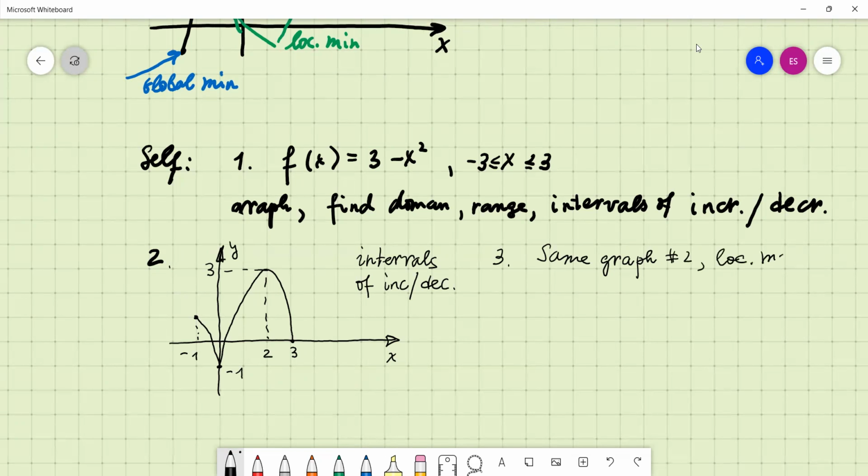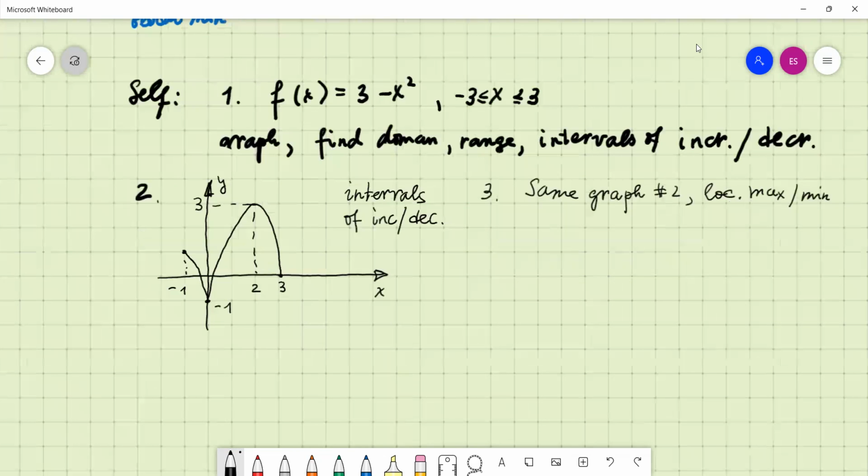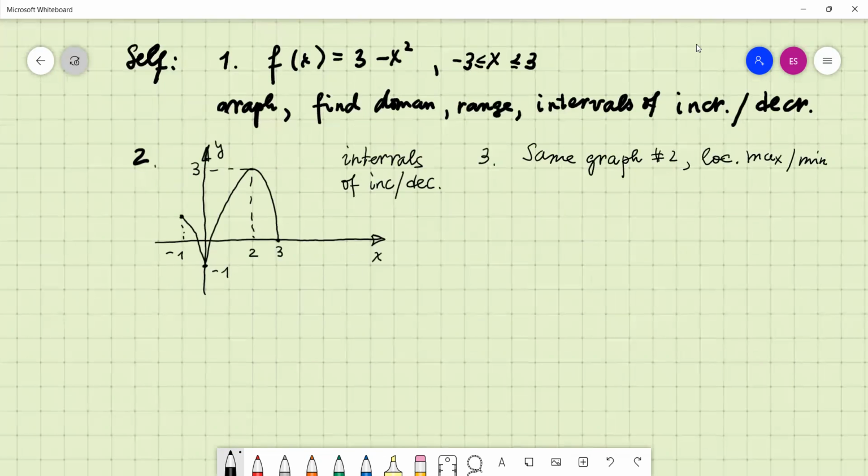Local maximum, minimum. Okay. If you can find the global maximum and minimum also, very good. Let's have maybe 5 minutes, so you can stop my video, and in 5 minutes, please come back. I'm going to count to 5. So 1, 2, 3, 4, 5.